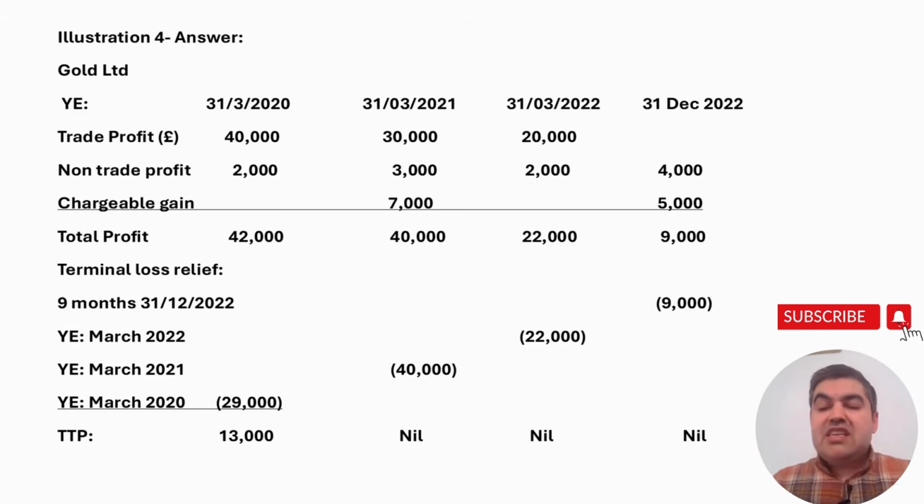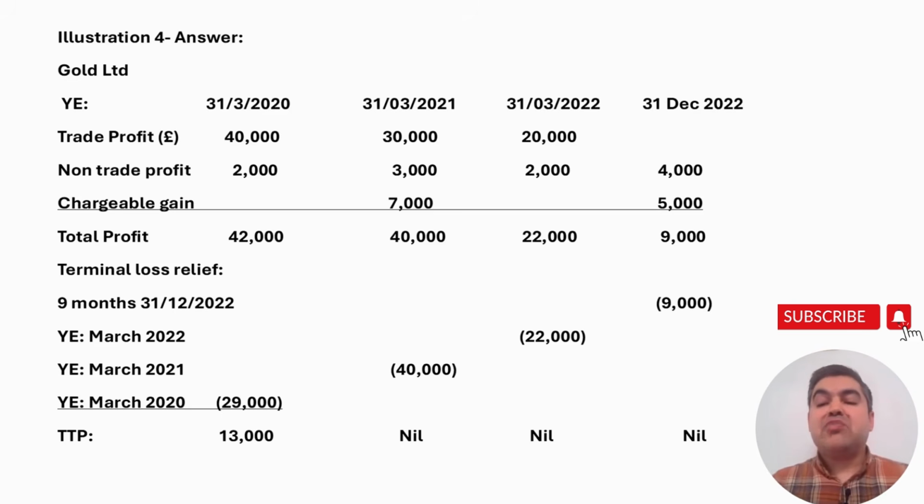Now we can see from the slide that for the accounting period ended 31st December 2022, there was a trading loss. Apart from the trading loss, there's a capital gain and non-trading profit of 4,000 and 5,000. You need to utilize the trading loss against the current accounting period first.